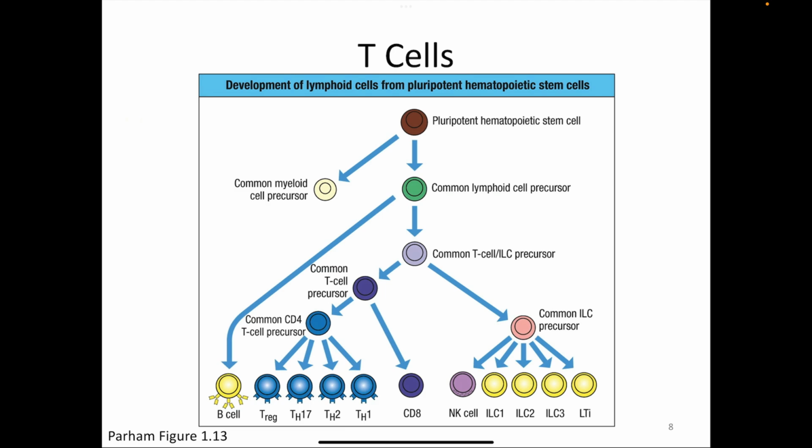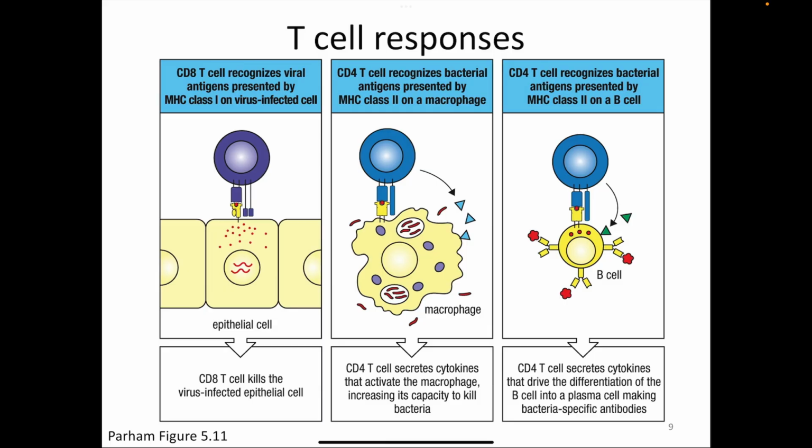These are distinguished, perhaps not surprisingly, using a flow cytometer based on whether they have a protein called CD4 on their surface or whether they have a protein called CD8 on their surface.